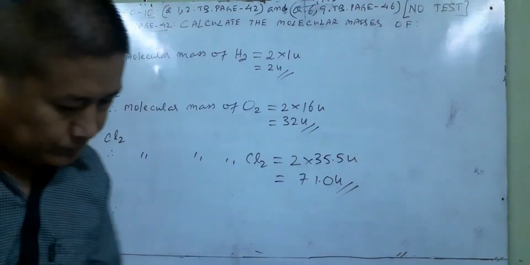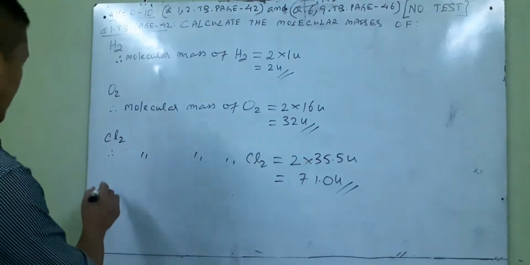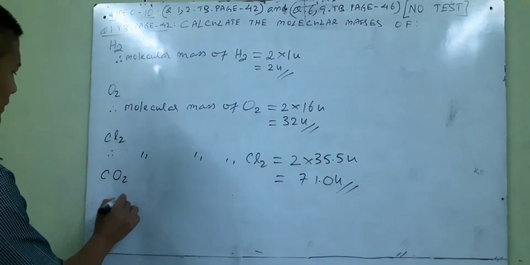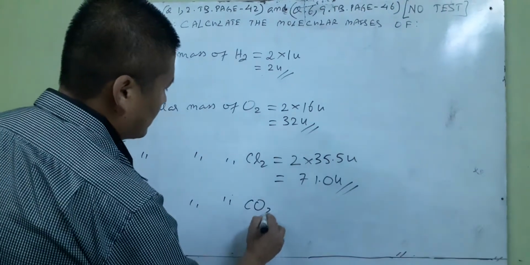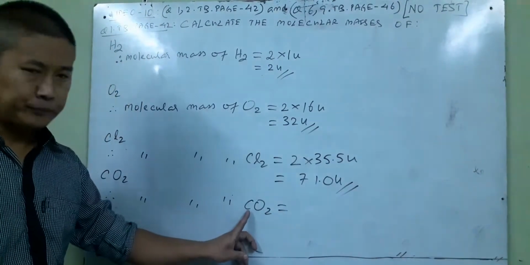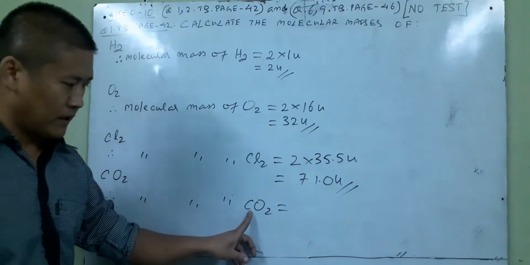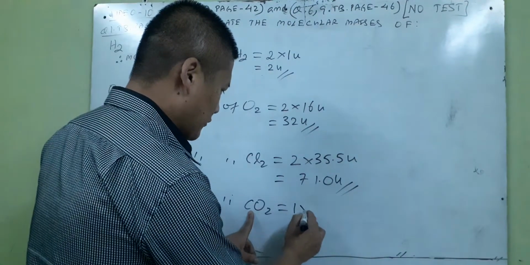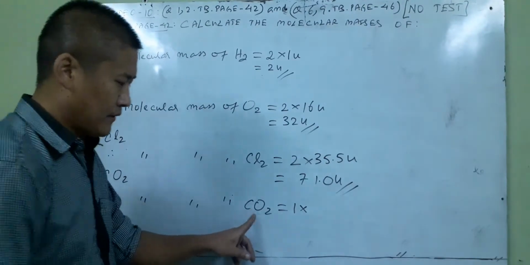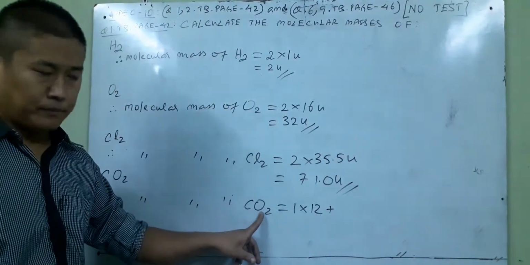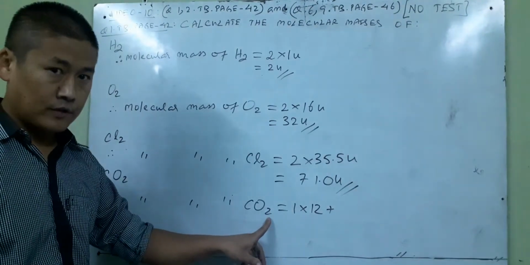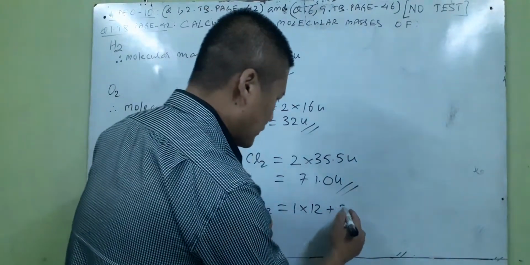The next one, CO2, yes. So you write your CO2. Therefore, molecular mass of CO2. Now let us do this together. At the back of C, how many atoms? No number means 1. Go to page 37, carbon is 12, right? Then put plus when you go to a new atom. And what is the back of oxygen here? Oh, there are 2 oxygen atoms, yes.